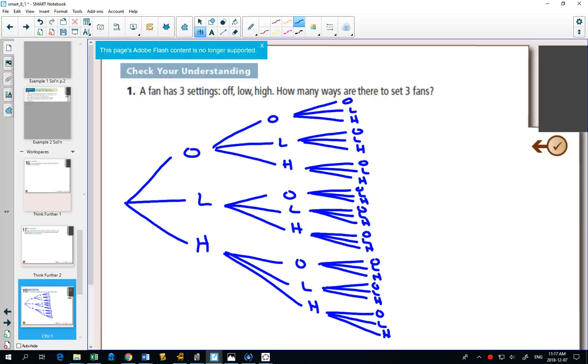Many. You could count them all, right? You could write them all out. This is my favorite setting right here. And so on. But if you counted them all, how many would there be? 27.